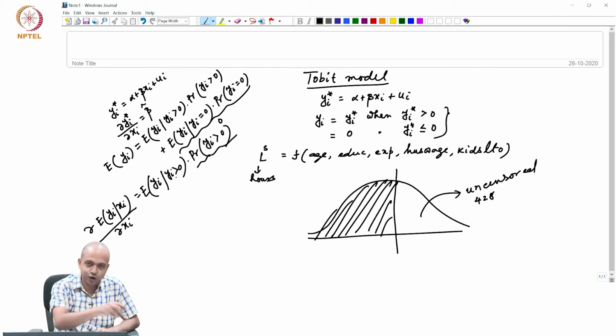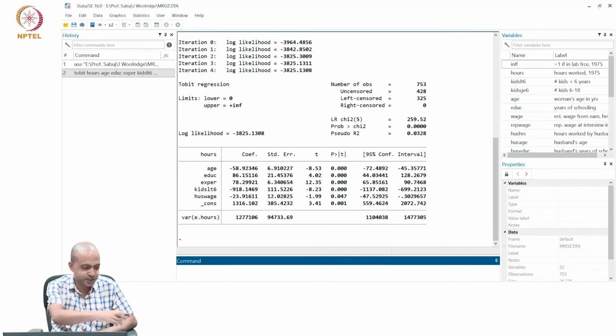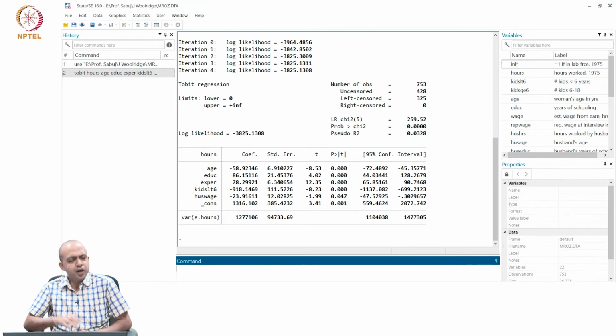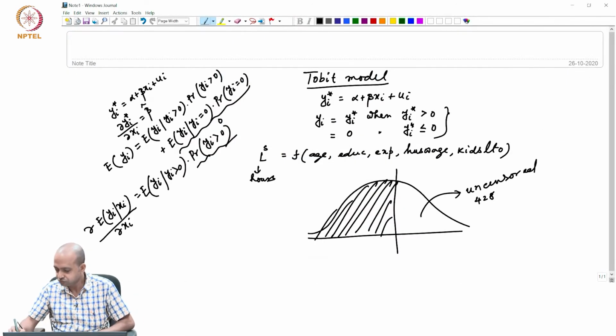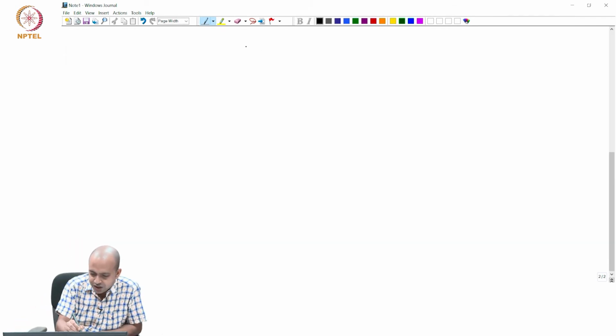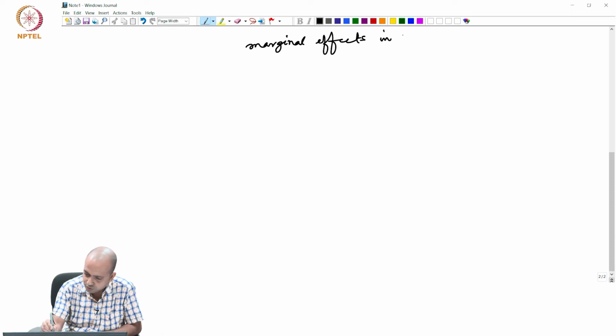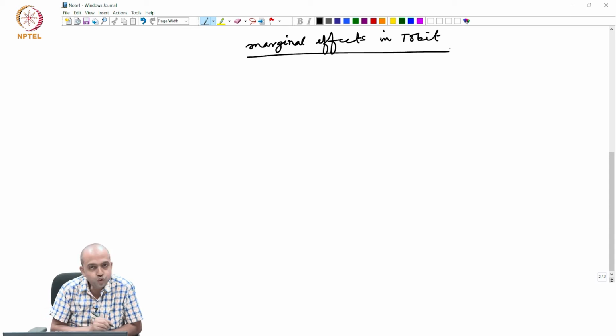So, again like the logit and probit models, we need a specific command for getting the marginal effects. Now, in the context of Tobit, there are two types of marginal effects.